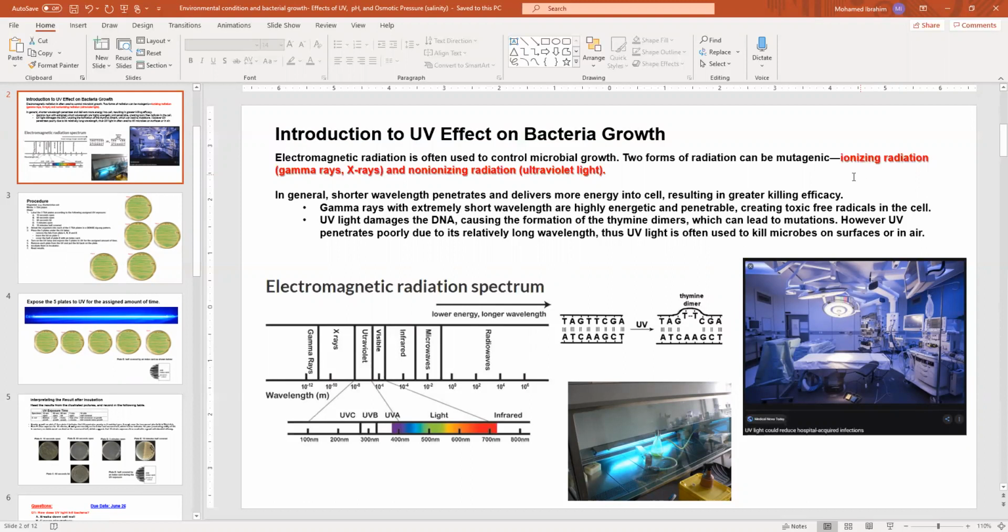It has very high power, like gamma rays and X-rays. Non-ionizing radiation just destroys some bonding, like hydrogen bonding, without creating ions, like UV light. And this is the one that we use in the lab to see the effect of UV on growth, okay?